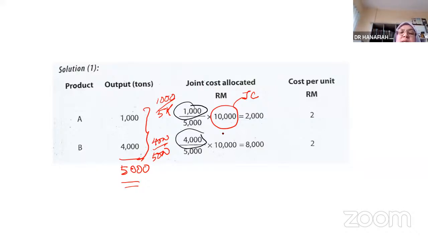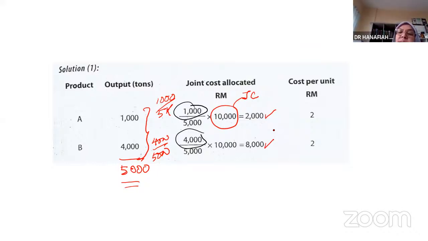We divide the joint cost based on the physical output. So 1,000 over 5,000 times 10,000, you will get 2,000. And for B, you will get 8,000.